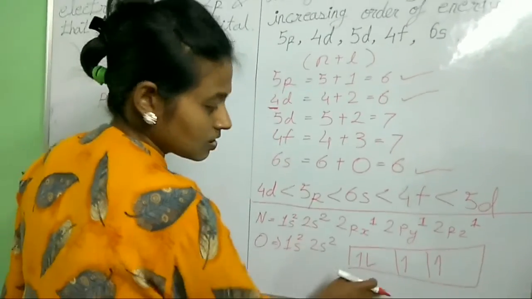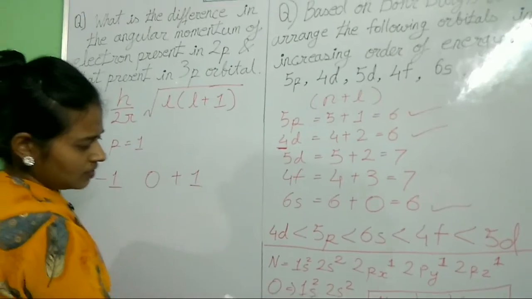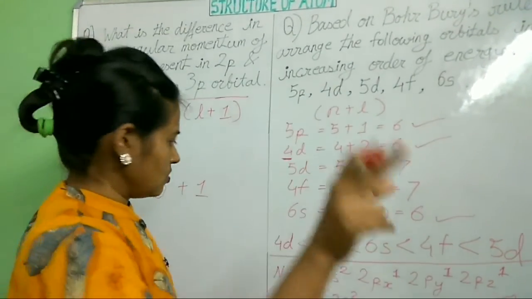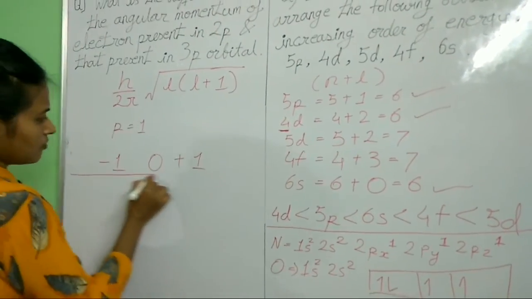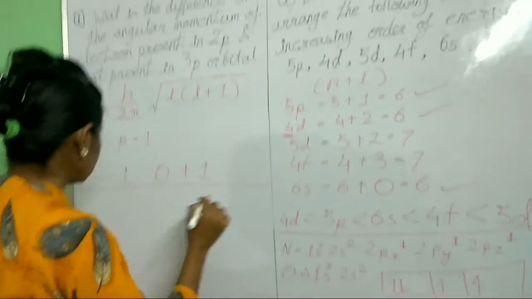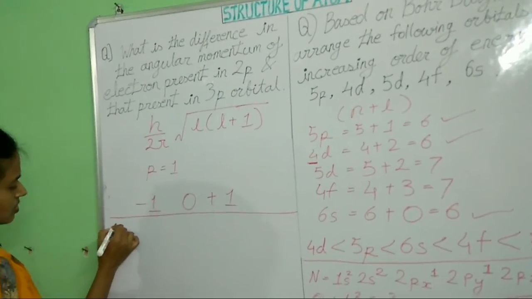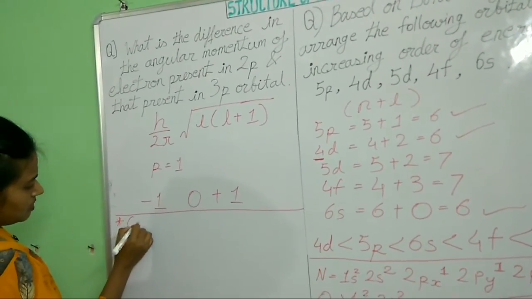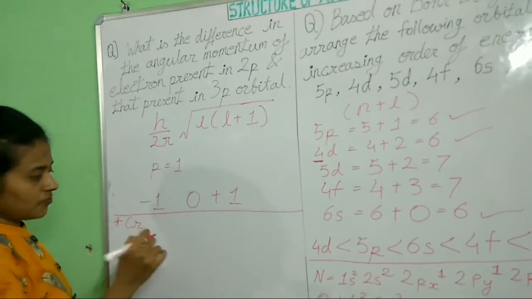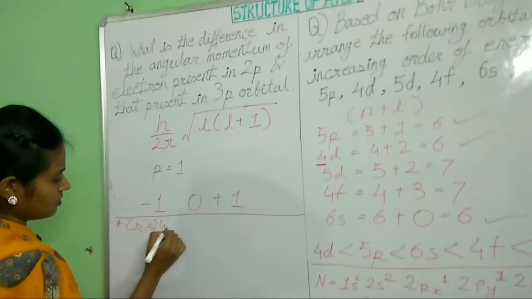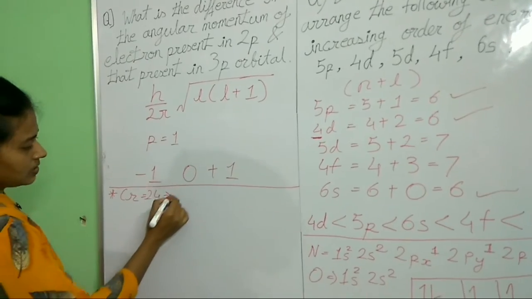Understood? Now, there are some exceptional electronic configurations also. For example, the most important exceptional electronic configuration is chromium. Chromium's atomic number is 24, right? And how can we write the electronic configuration?